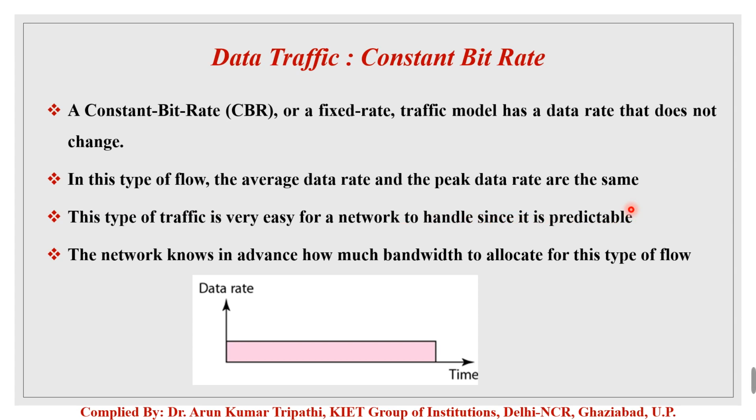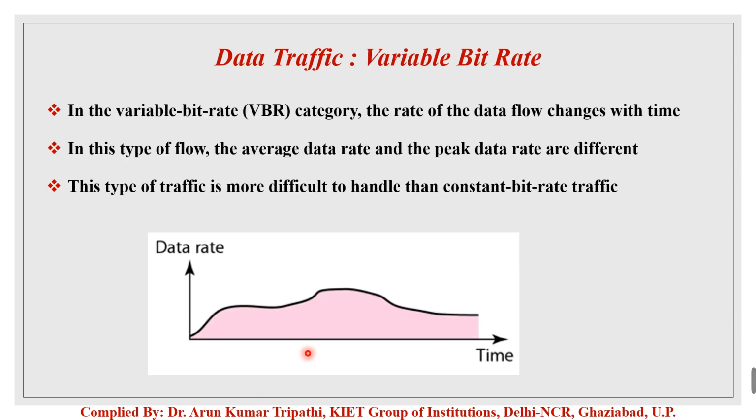The network knows in advance how much bandwidth to allocate for this type of flow. Suppose the data rate is 2 Mbps, so we can allocate a maximum of 2 or 2.5. That is sufficient, but it will be difficult for a variable data rate.